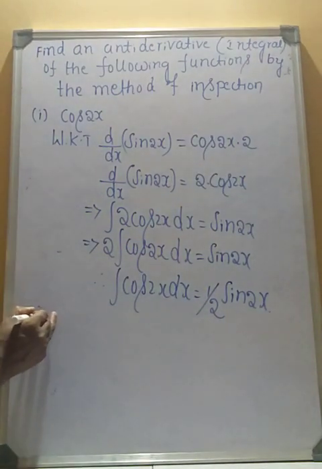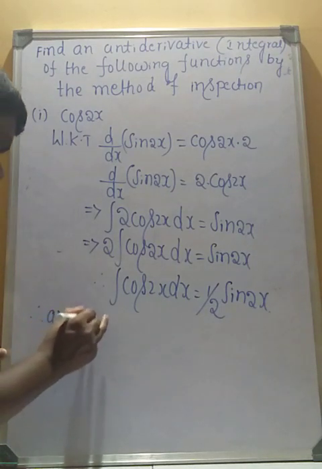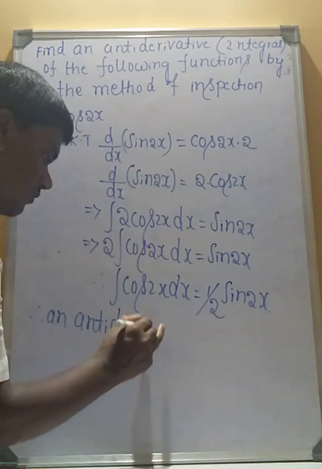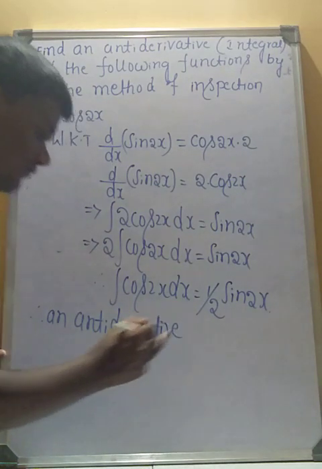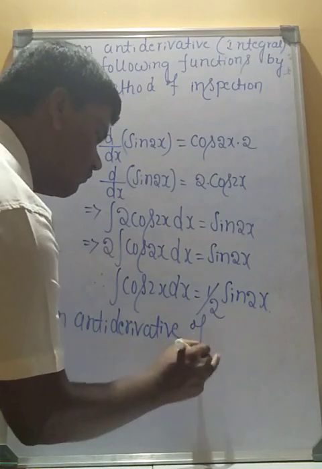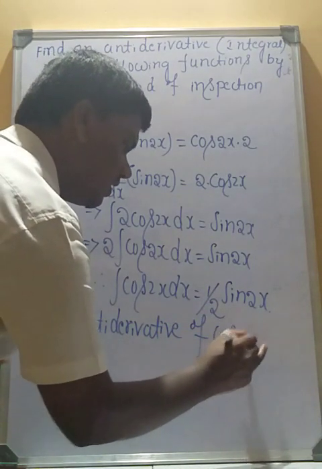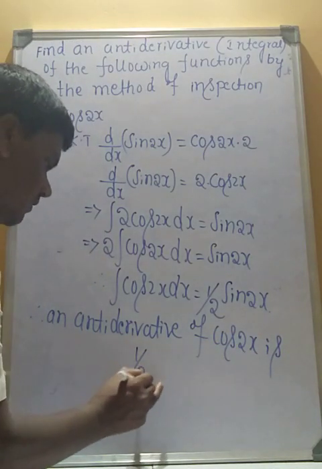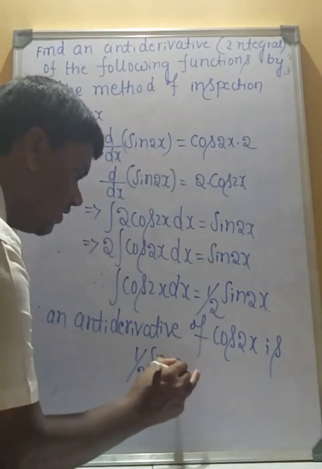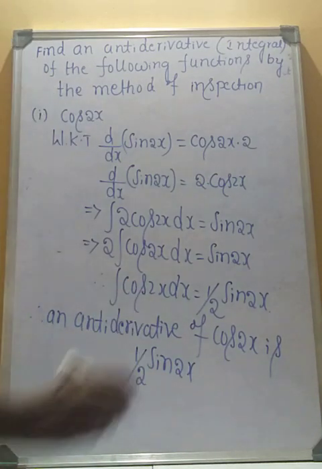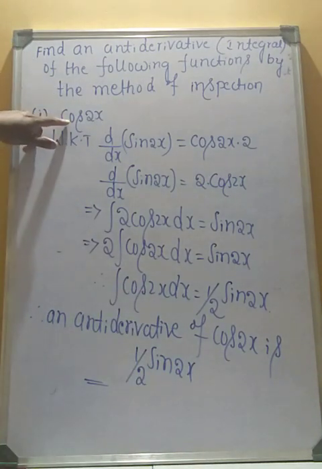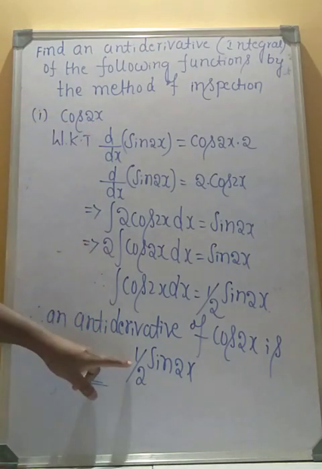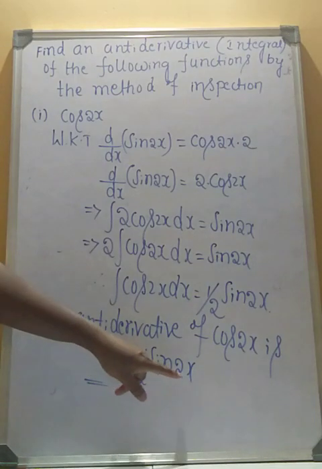So therefore an antiderivative of cos 2x is 1 divided by 2 sin 2x.